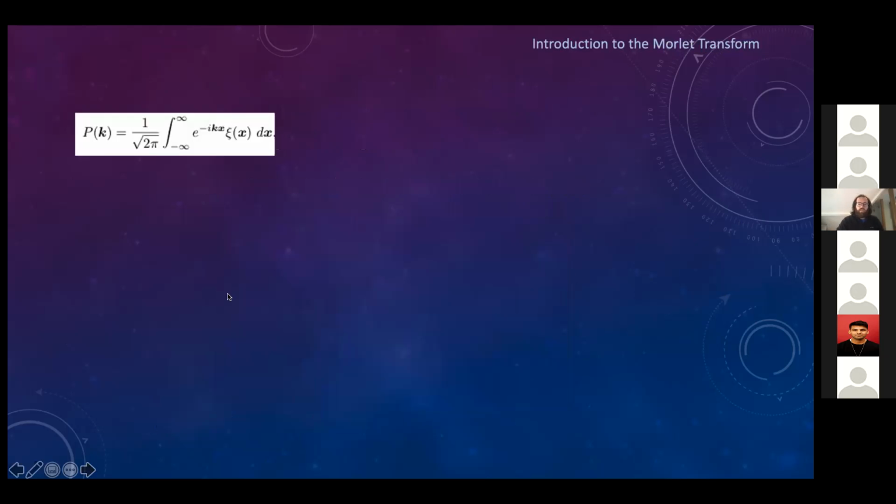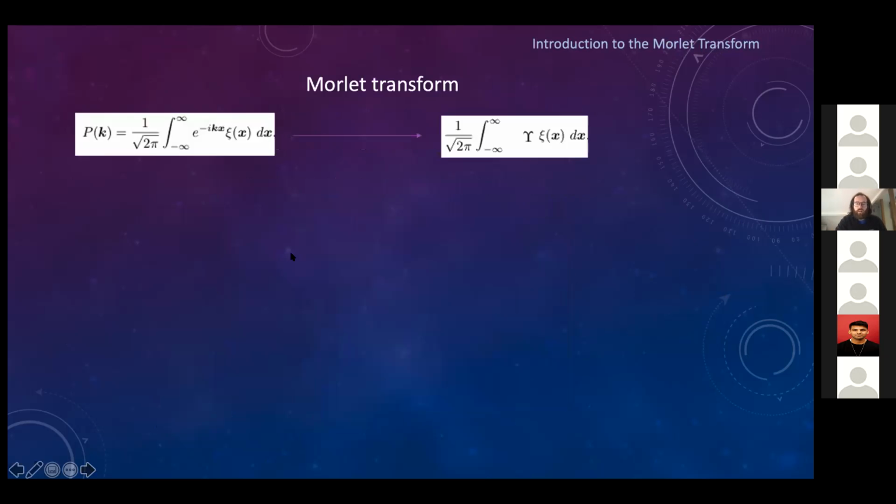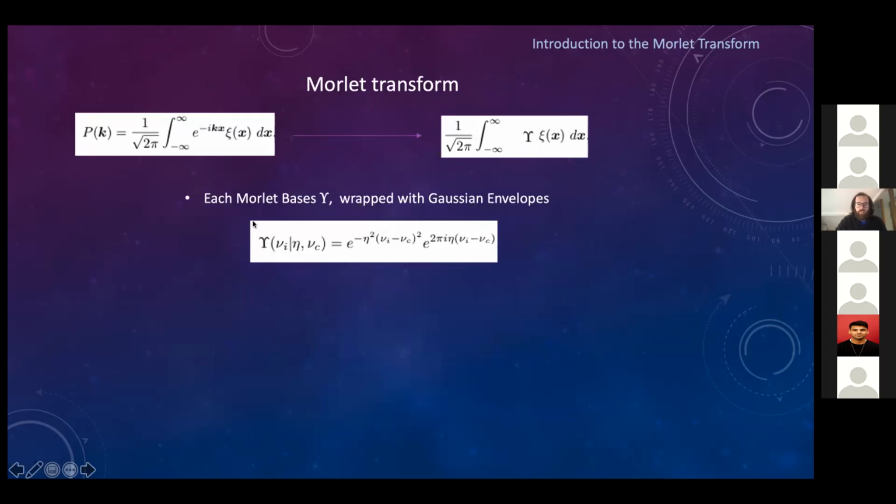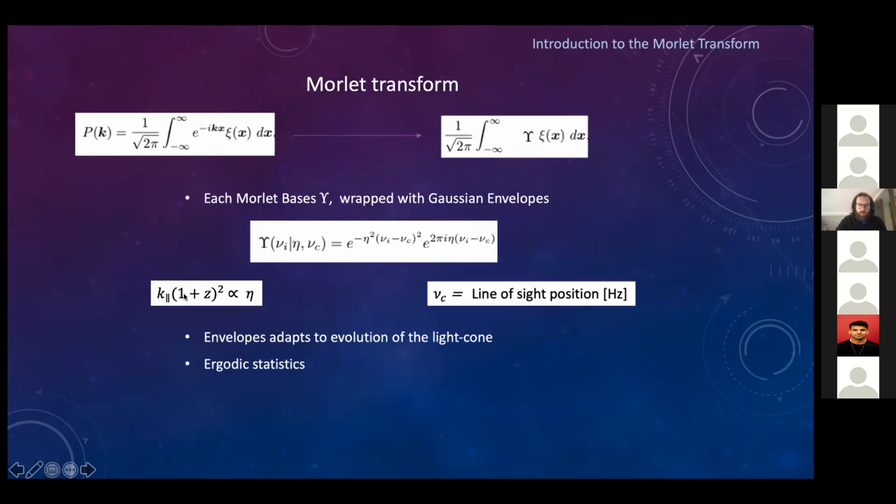But to try and move away from this, we introduced the Morlet transform, which is very similar in terms of its mathematical definition, but we replace the Fourier modes with Morlet bases, which are essentially similar to the Fourier modes. It has a Fourier part, but these are all wrapped in a Gaussian envelope.